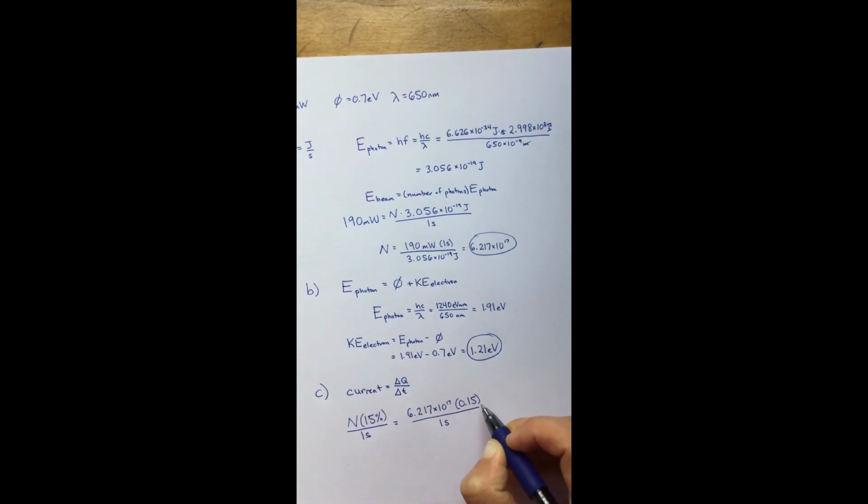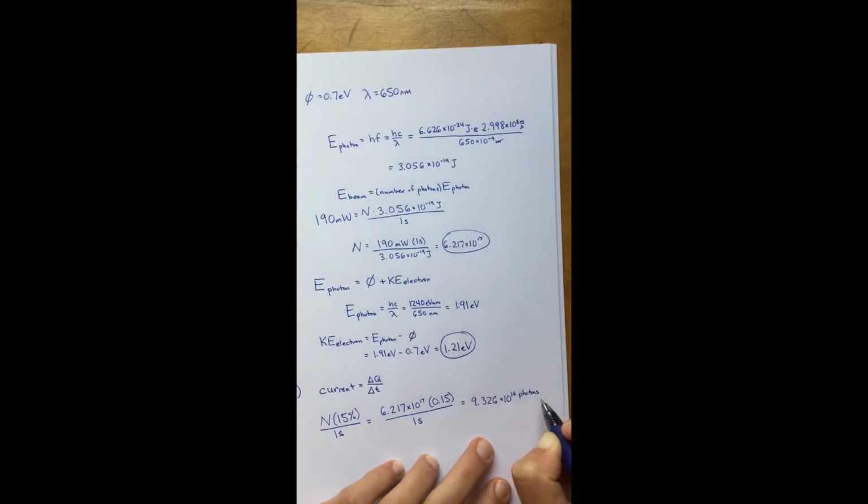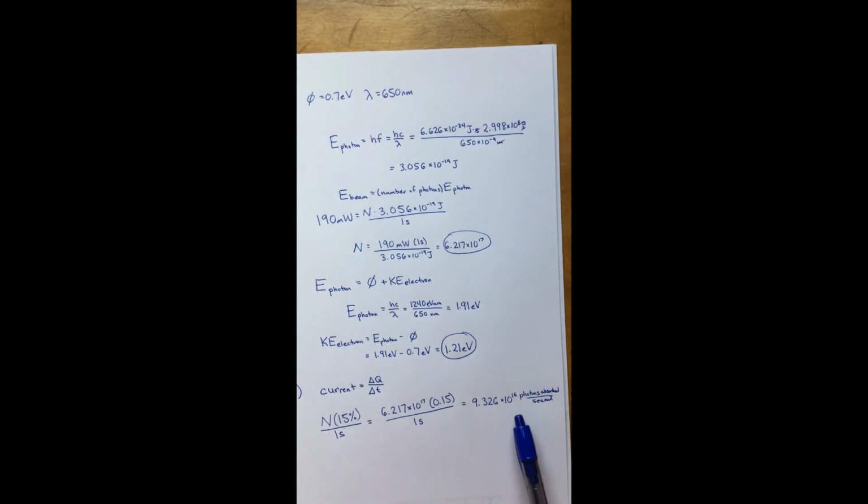This is the number of photons absorbed per second, and this is equal to 9.326 times 10 to the 16th. Since this was 15% of all of the photons that we had up here, these are the photons absorbed per second. Each photon which is absorbed results in one emitted electron.